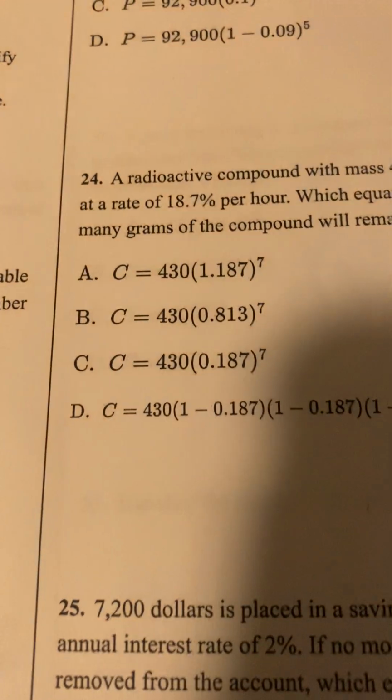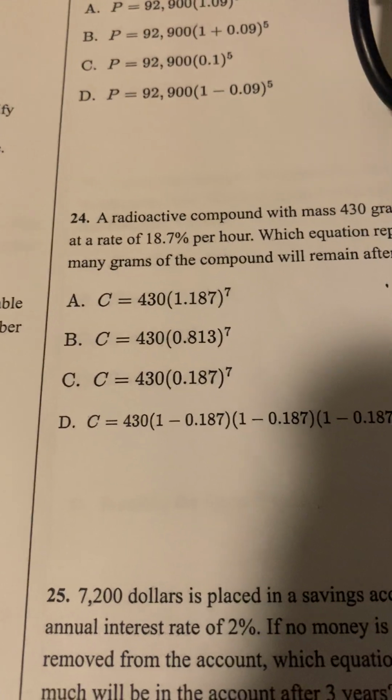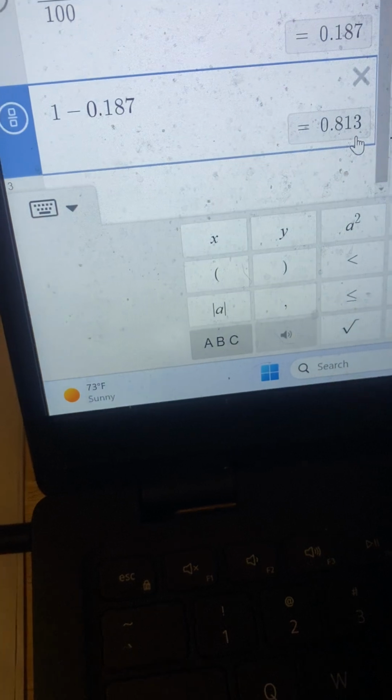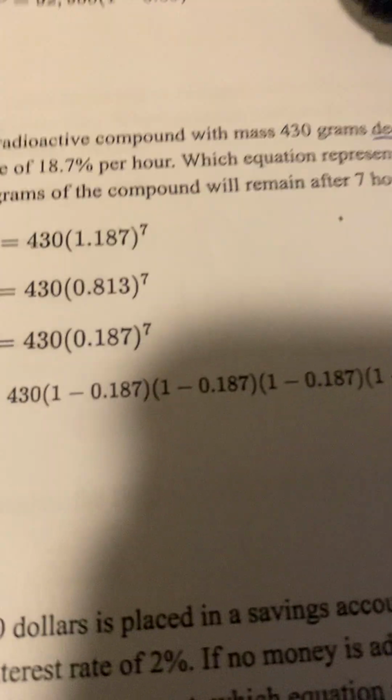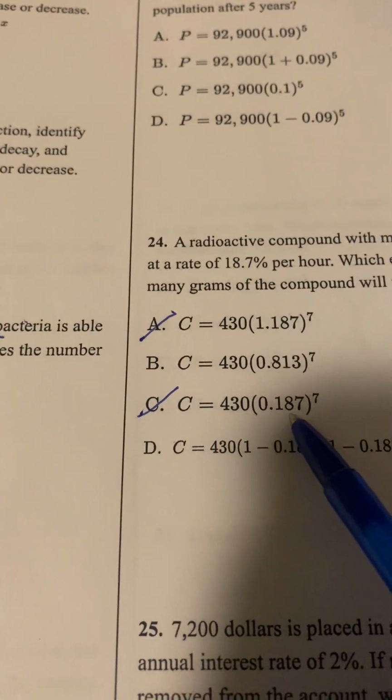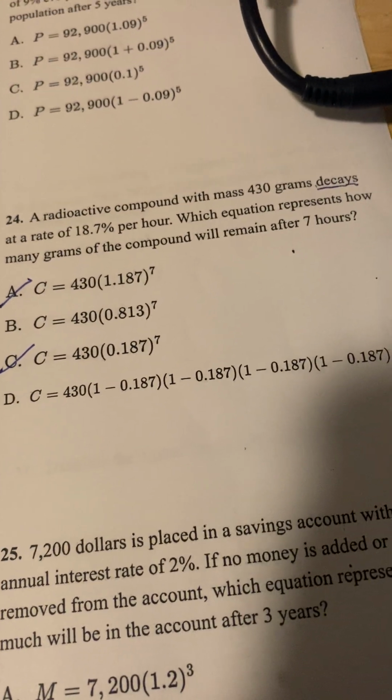You see that 0.813? That's the one we need. You have to subtract from 1 when it says decay. So I'm taking C out because I was being lazy and not subtracting, and I'm taking D out.